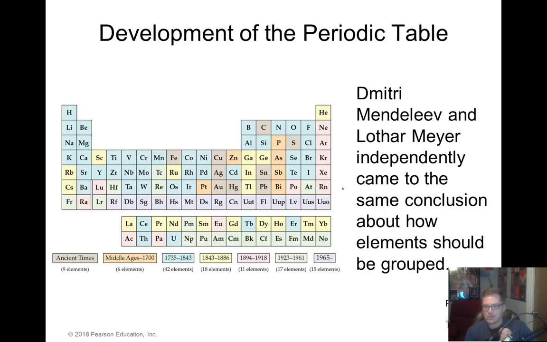I think this stuff in general is super fascinating. There's this really good book, I've probably mentioned it in class, called The Disappearing Spoon. It's totally worth reading. Not only does it go through the history of the periodic table, how it was developed, and how the elements were found, but it goes into the science of how these elements were discovered.